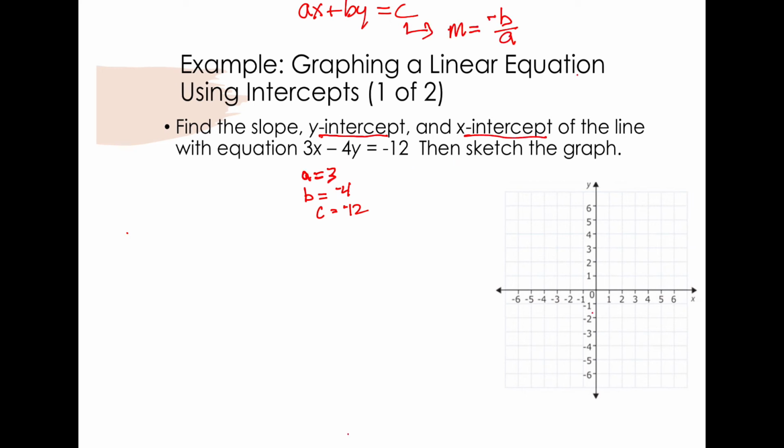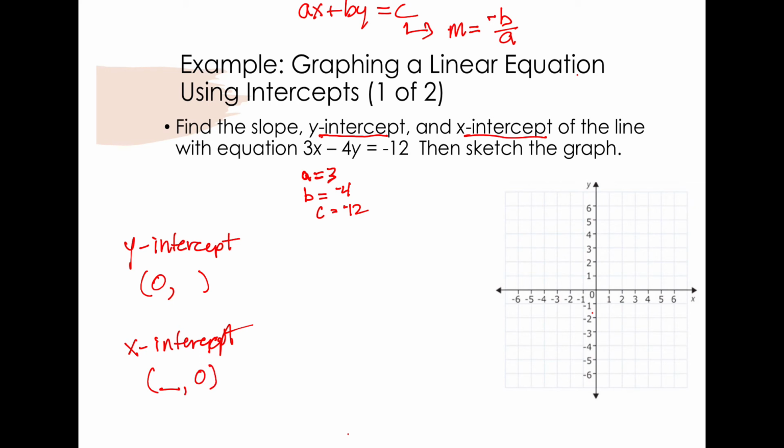Now, you may recall from the previous lecture that when we find the y-intercept, we plug a 0 in for the opposite variable. So to find the y-intercept, we're going to plug a 0 in for x. And then to find the x-intercept, we have to plug a 0 in for y.